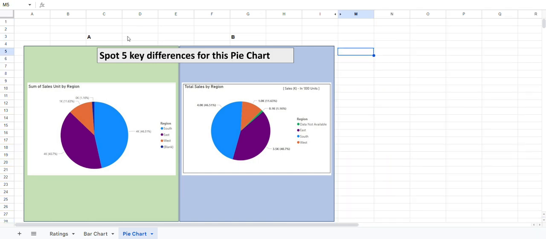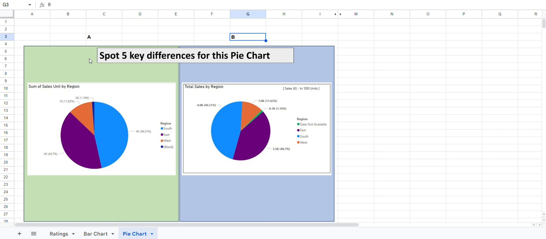So here we have a particular sample showing a pie chart where the A part has the incorrect version and the B part has the corrected version of one particular data set. Now it is representing sales by region.